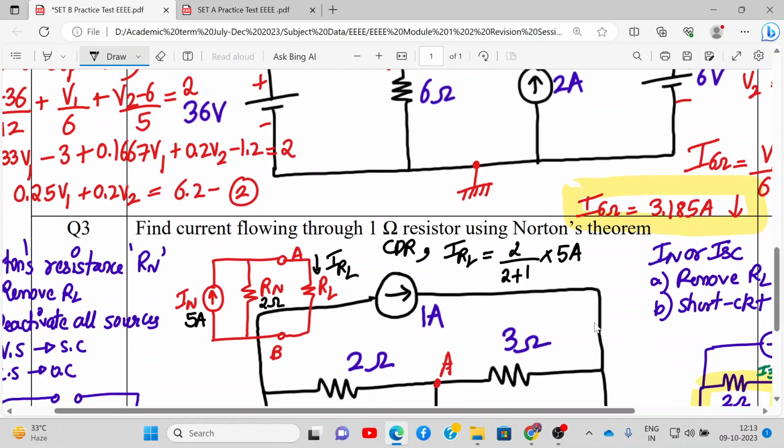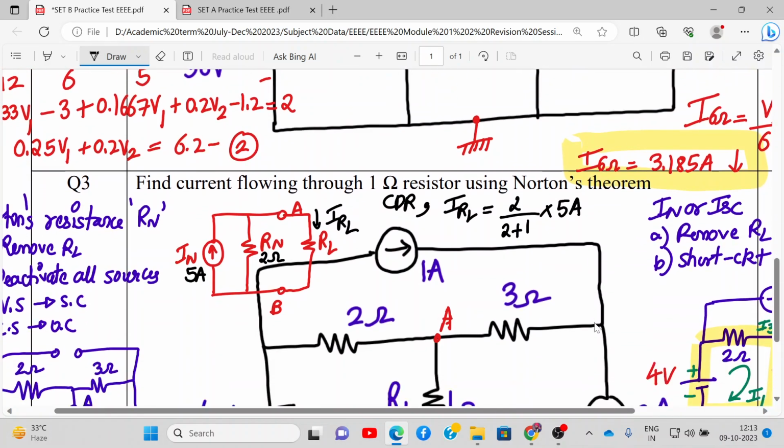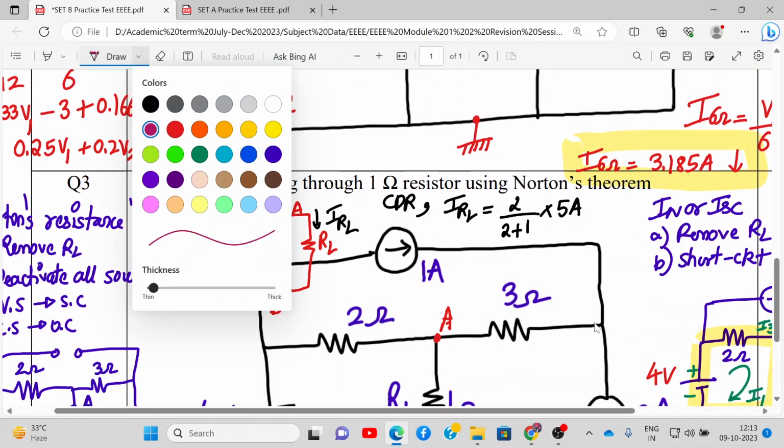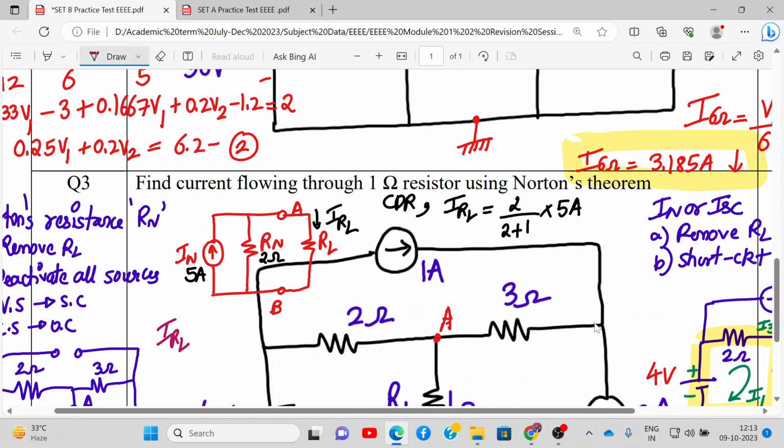So that will be 10 divided by 3. IRL will be 10 by 3, that is 3.33 amperes going down. So this is the current flowing through the load resistance, 3.33 amperes, using Norton's theorem.